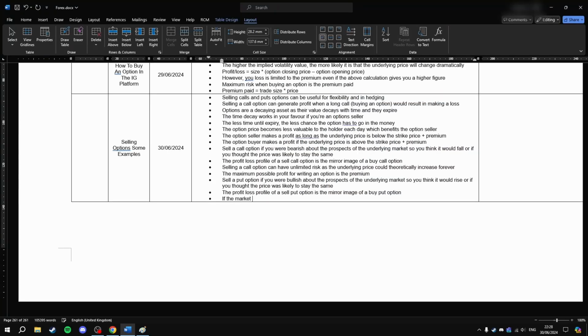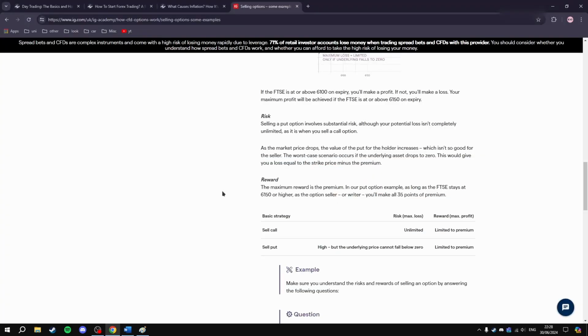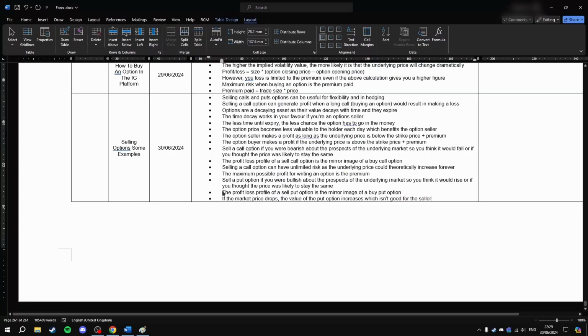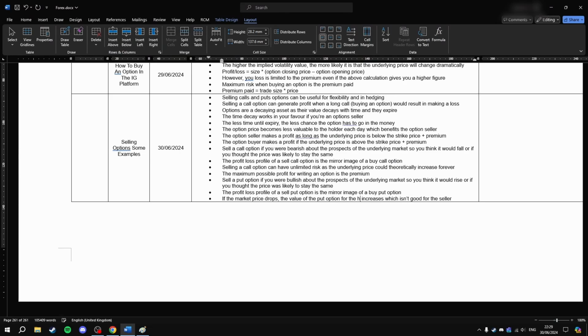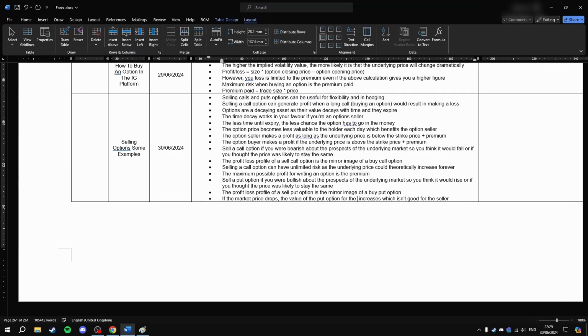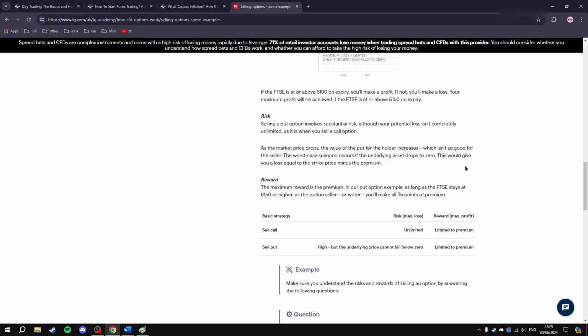If the market drops, the value of the put option for the holder, for the buyer basically, increases, which isn't good for the seller.